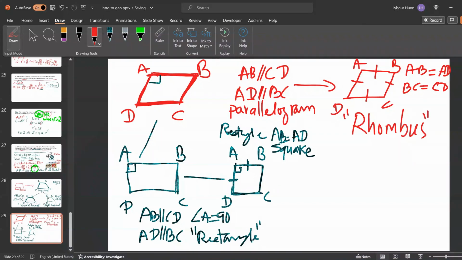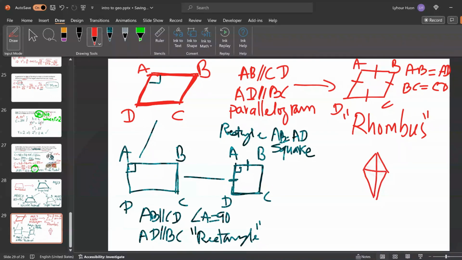The other one is useful in geometry, but not popular. It is only the adjacent sides equal. Oh, it's a diamond. We don't call it a diamond. We call it a kite. Yes.